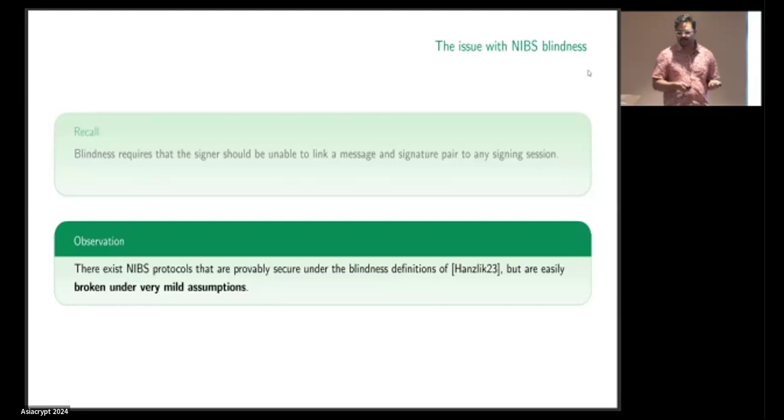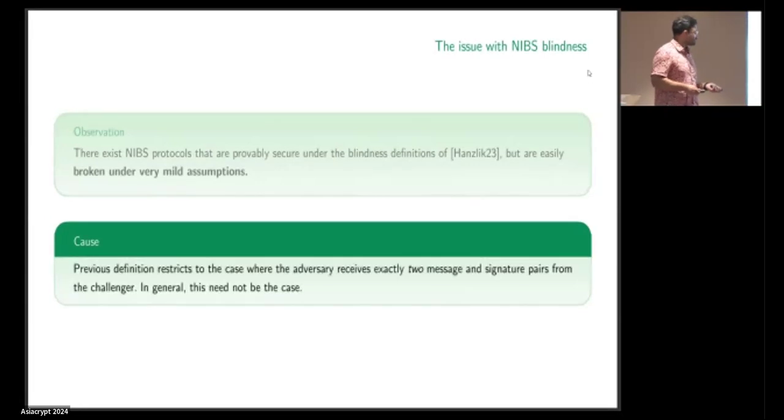In fact, there exist NIBS protocols that are provably secure under this line of definition, but are easily broken under very minor attacks. So let's see what breaks down. The problem is that this definition restricts the case where the adversary receives exactly two message-signature pairs from the challenger, which in general need not be the case, because a signer could see many message-signature pairs.